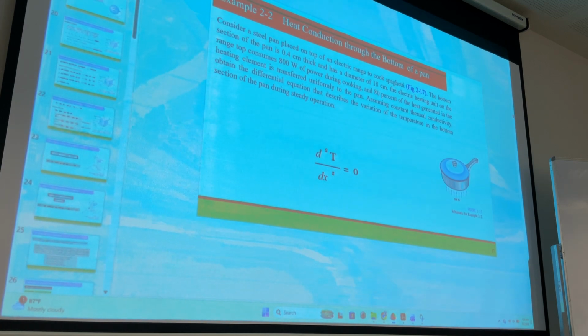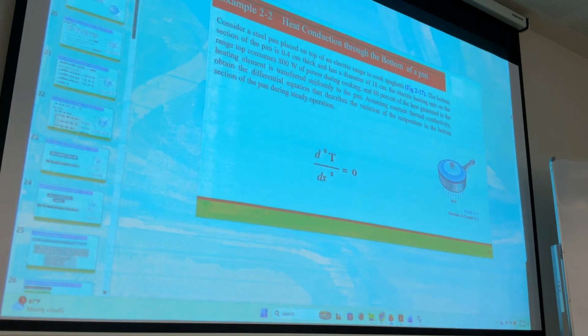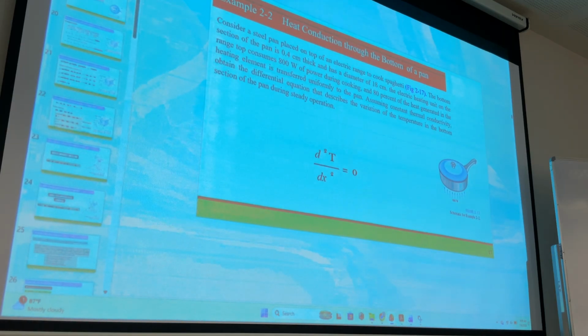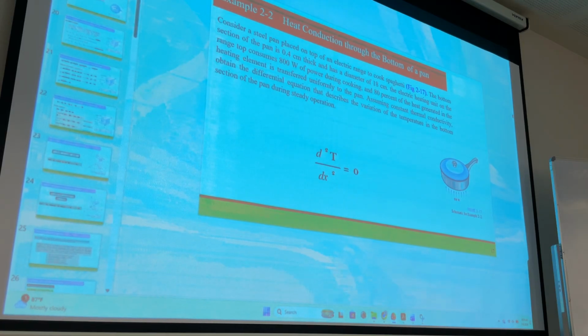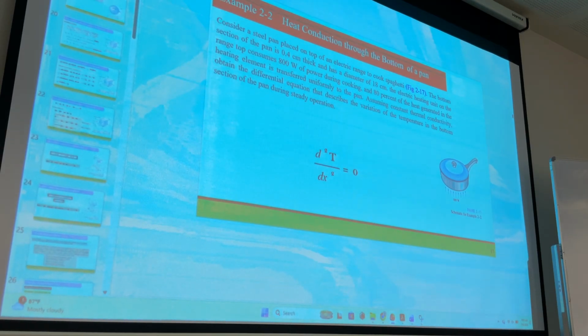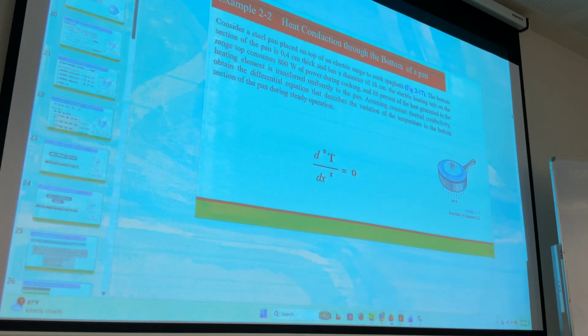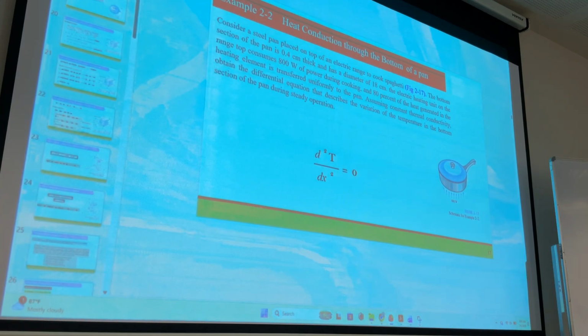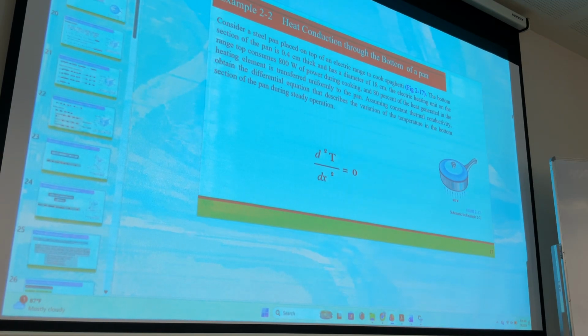Okay, and they are cooking spaghetti. The bottom section of the pan is 0.4 centimeter thick, has a diameter of 18 centimeter. The electric heating unit on the range top consumes 800 watt of power during cooking, and 80% of the heat generated in the heating element is transferred uniformly to the pan. Assuming constant thermal conductivity, obtain the differential equation that describes the variation of the temperature in the bottom section.